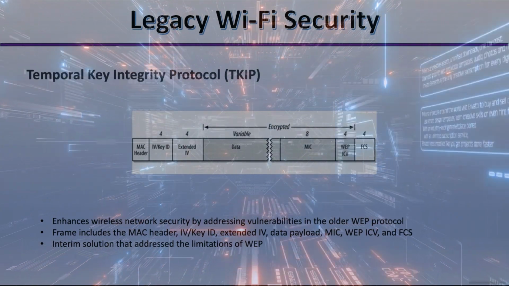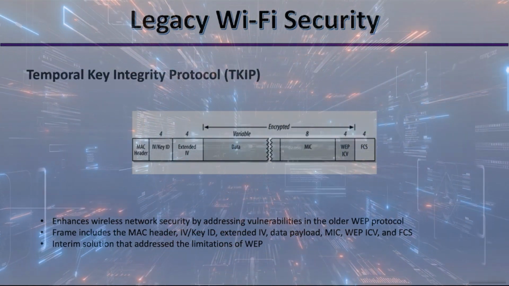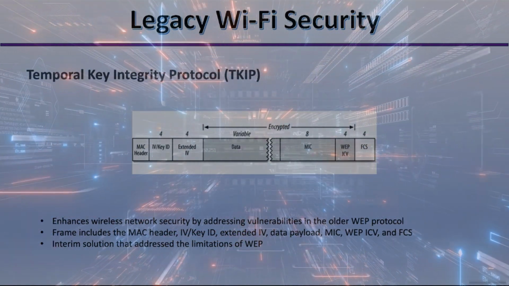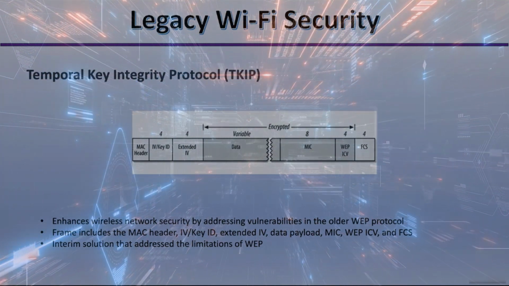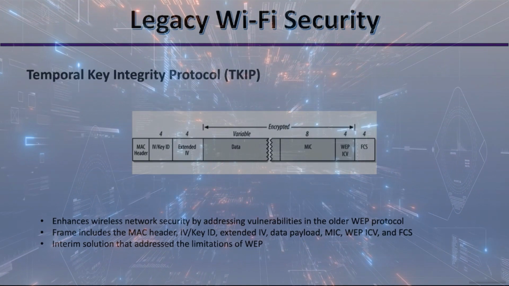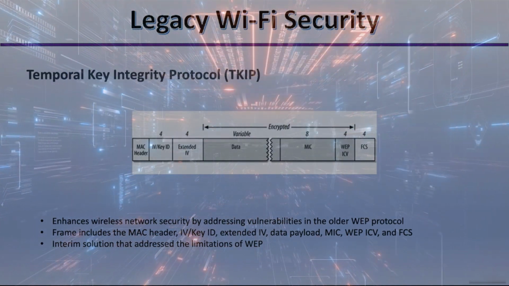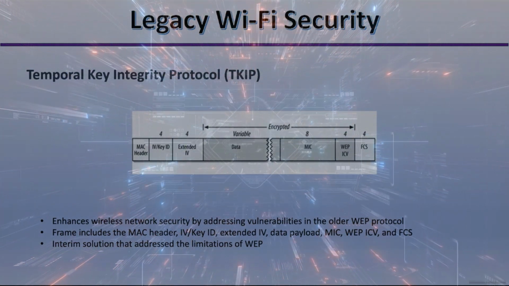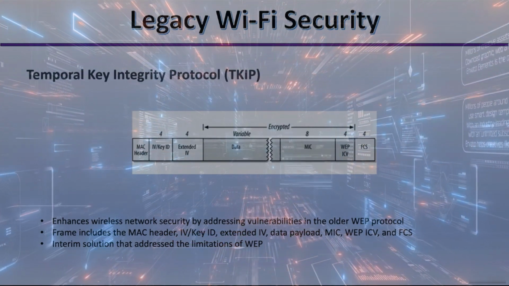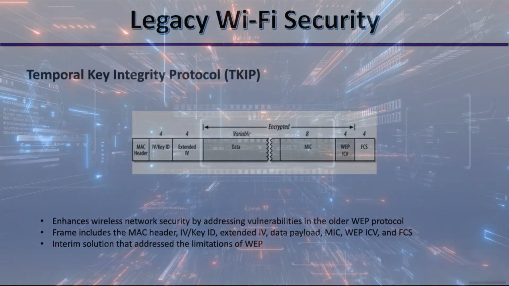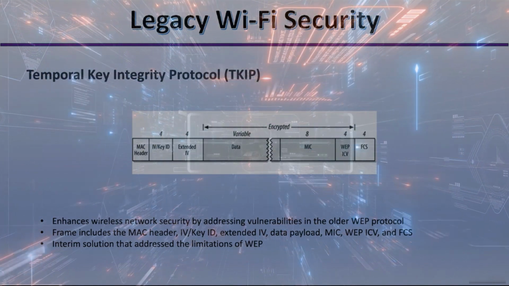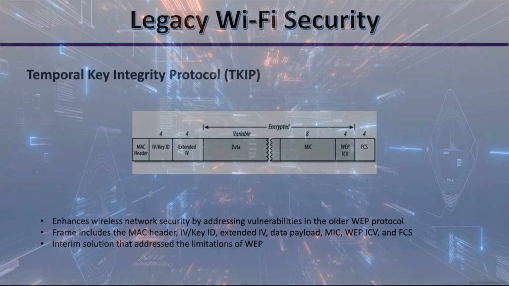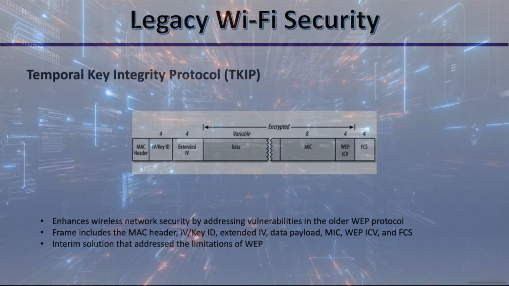The MIC, or Message Integrity Check, is a cryptographic checksum calculated over the frame data and ensures that the frame has not been tampered with during transmission. The WEP-ICV, or Integrity Check Value, is another checksum that's added to the frame. While WEP-ICV was not part of the original WEP protocol, it's still included in TKIP frames for compatibility purposes.